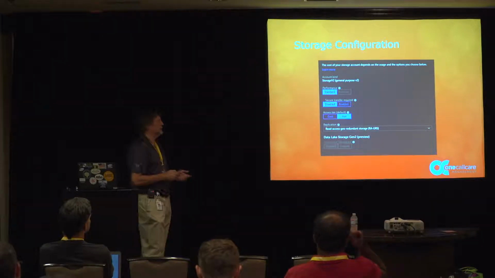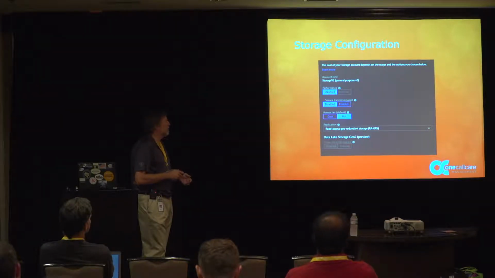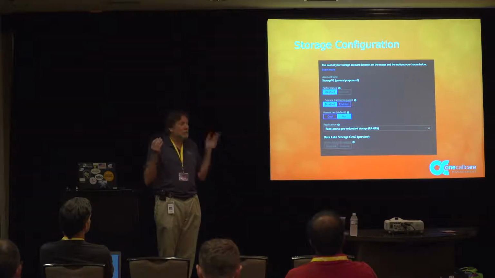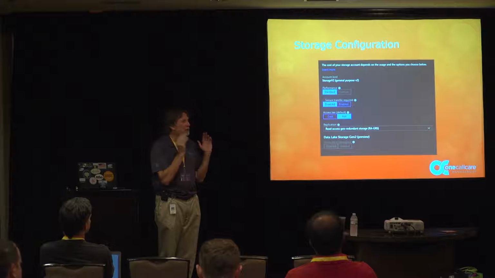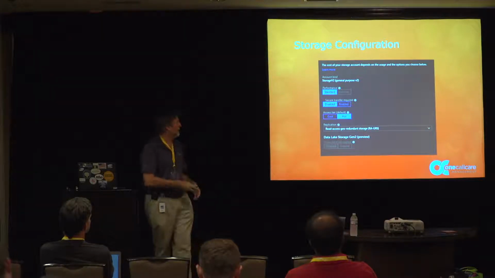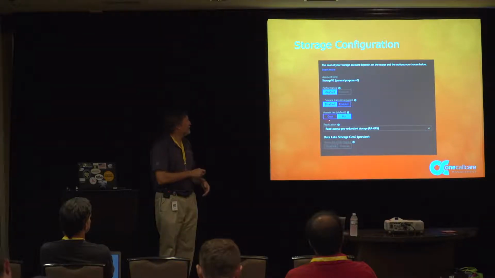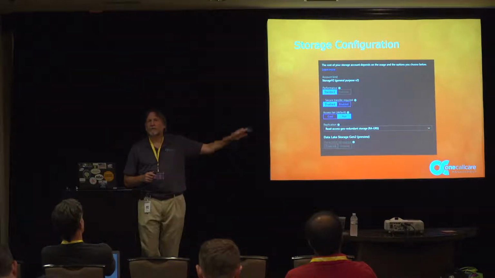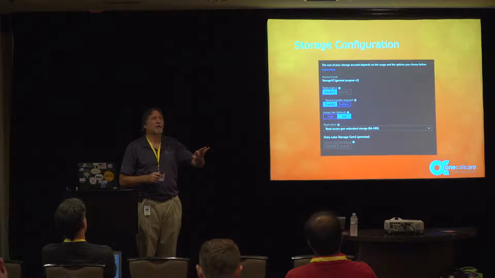So which one costs me more? Secure transfer required. So do we need SFTP to get here? Do we need something credentialed in order to get here? Access tier. This is only showing cool and hot. There's actually a third access tier of archive.